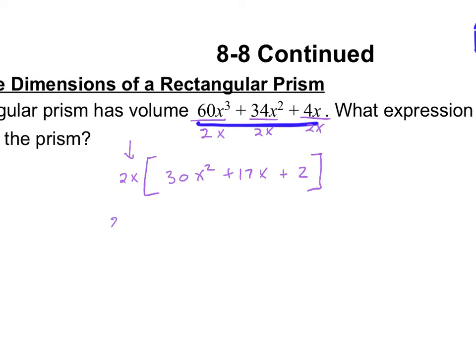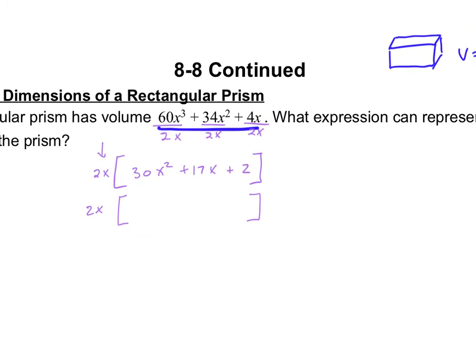But I need to break this down into some other factor. So we're going to factor this trinomial. And we have talked about this some in class, but I'm going to factor this middle term.